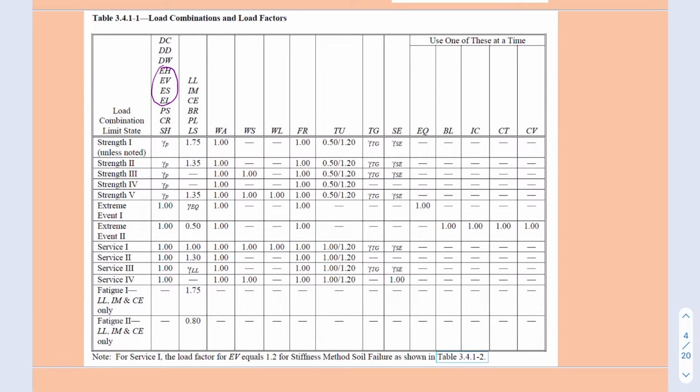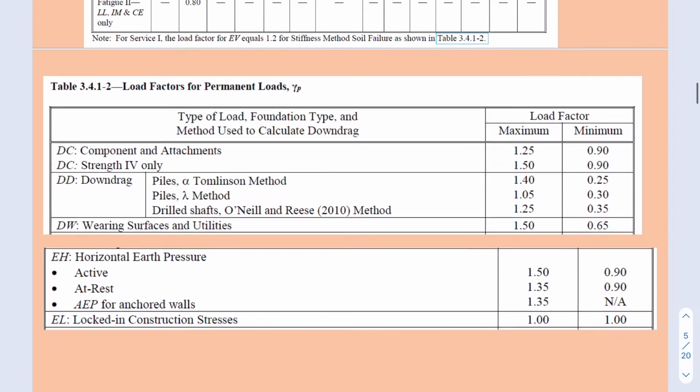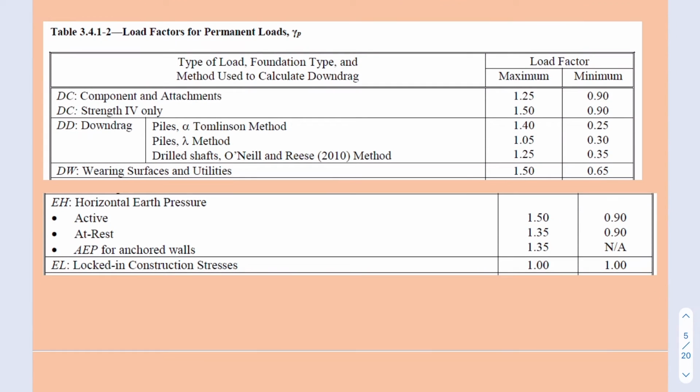And as you can see, all earth pressure forces are in the same column, and they have the load factor of gamma p. And if you look in another table, 3.4.1-2, you can see for horizontal earth pressure, the active load factor is 1.5. We'll be using the maximum value for seat pile design.